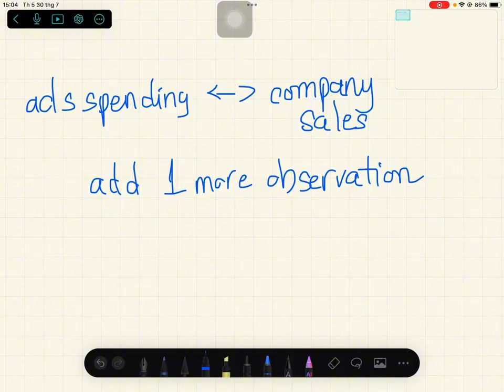This is one of the most important ideas in regression analysis. Professional analysts never trust a regression model without asking one simple question: is one observation driving the entire result?